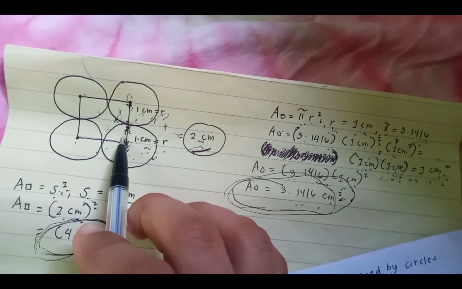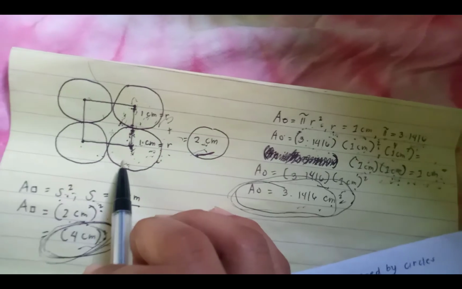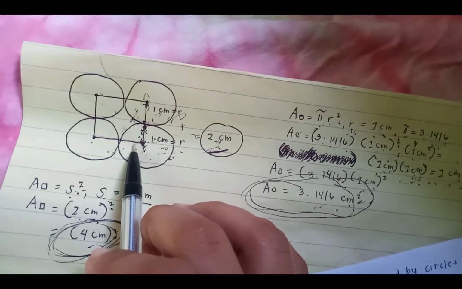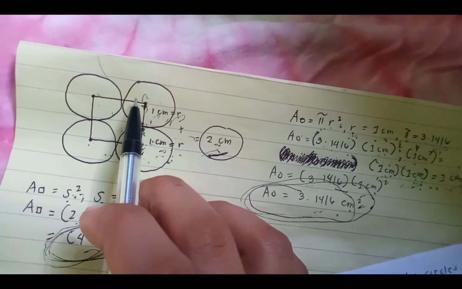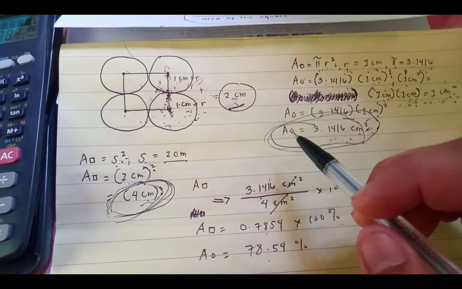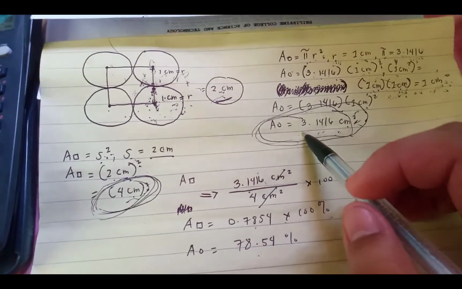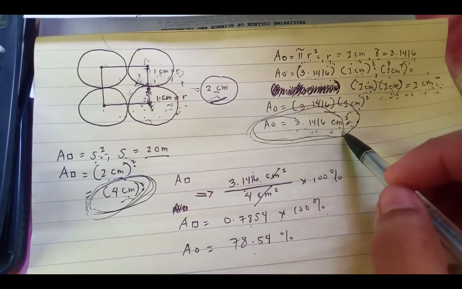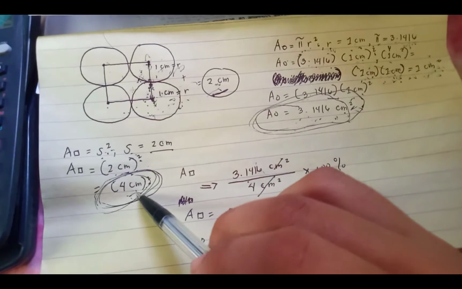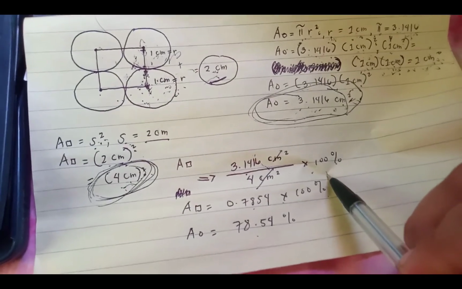So the quarter sizes of our circles will be added, and the result is 1 circle we can fit inside the square. We will only have to use the one area of the circle. We have 3.1416 centimeters squared, and the area of the square is 4 centimeters squared, times 100%.